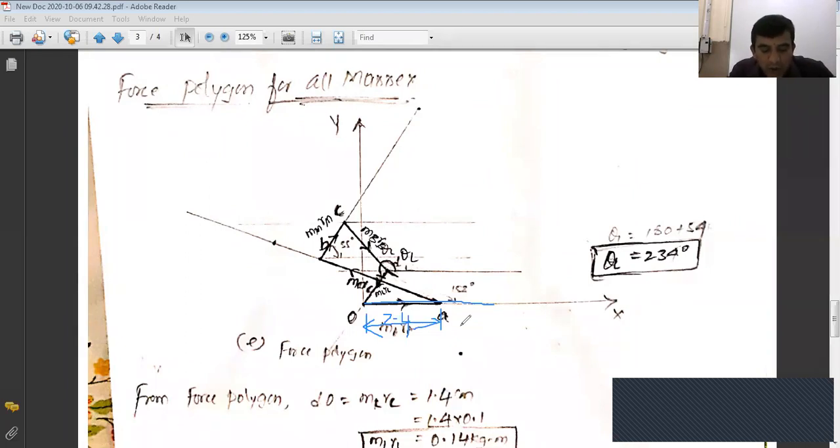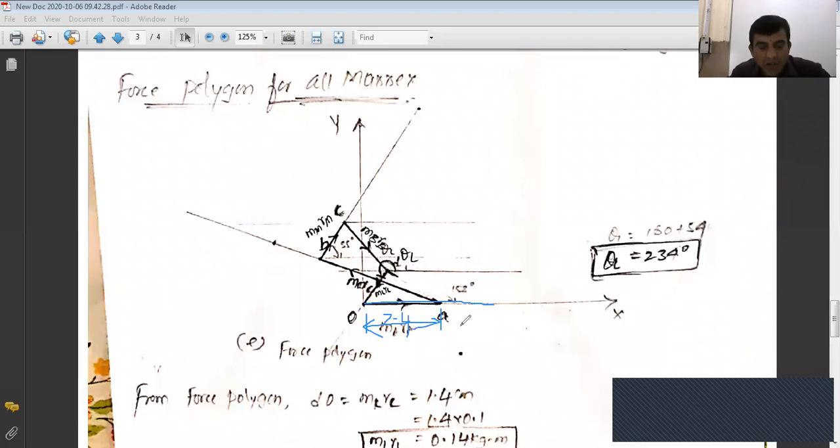Move on to the next plane, plane C, MCRC. How much do you have? Go to the fourth column, not the couple column. You are drawing a force polygon, not the couple polygon. MCRC is 0.4 kg meter.